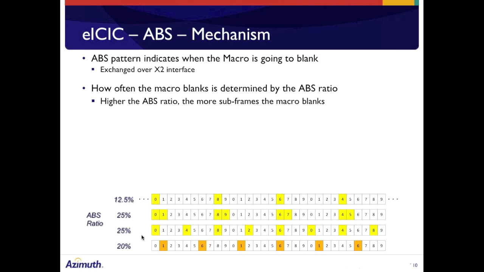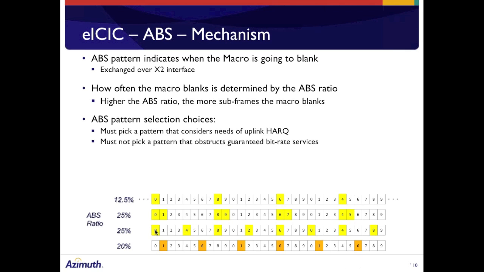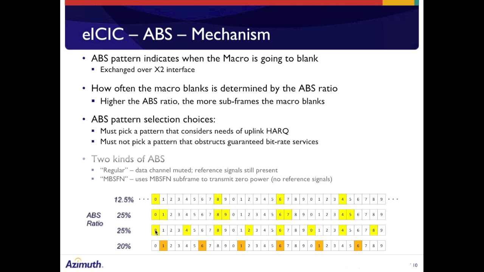The third row shows another case of 25% where they're more often. That might be necessitated by these guaranteed bit rate services needing something that's periodic on that scale.